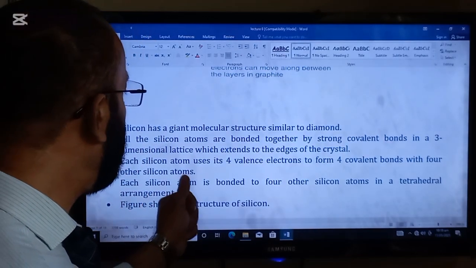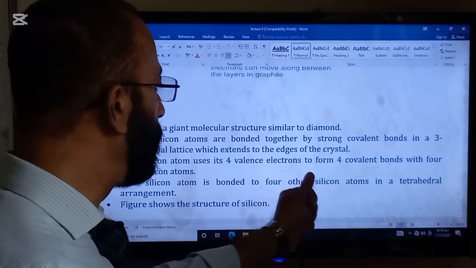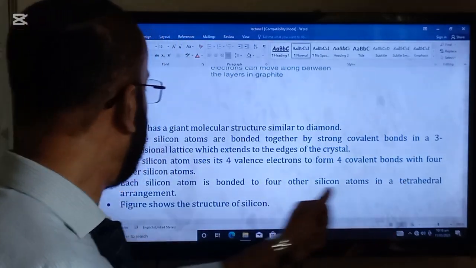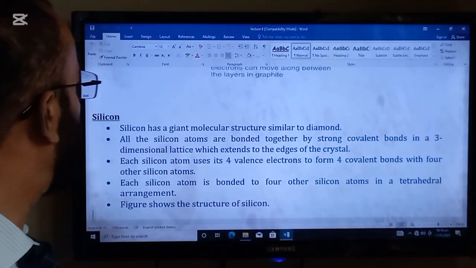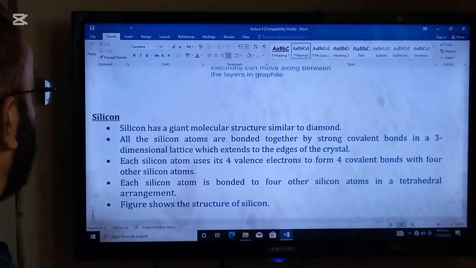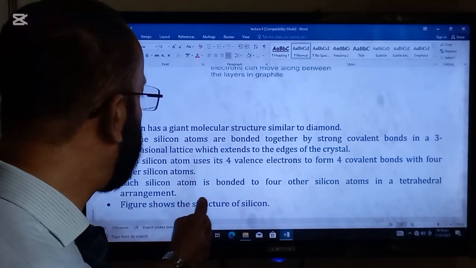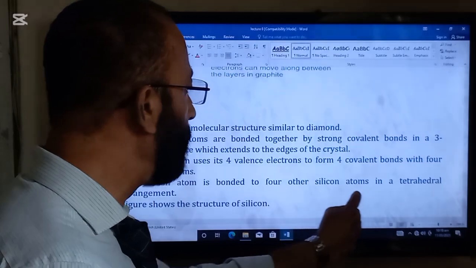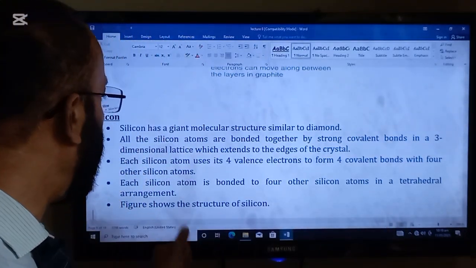Each silicon atom uses its 4 valence electrons to form 4 covalent bonds with 4 other silicon atoms. Each silicon atom is bonded to 4 other silicon atoms in a tetrahedral arrangement.